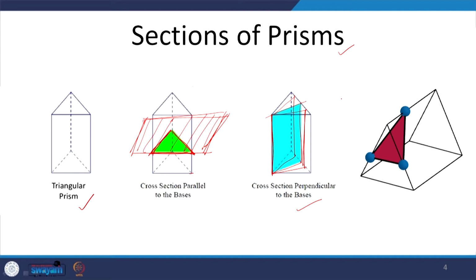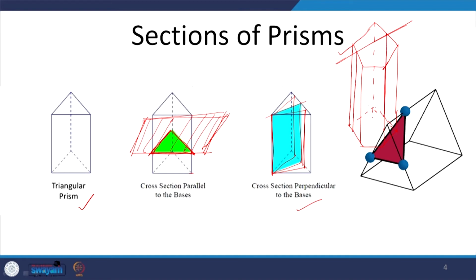For example, suppose we have a pentagonal prism and it is being cut by a section plane which is perpendicular to the base like this. In this case also, what we see as a section is a rectangle.